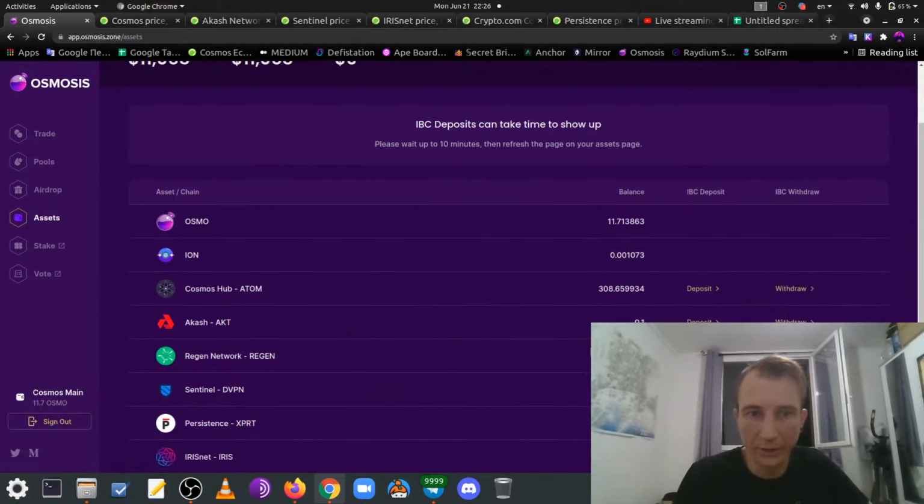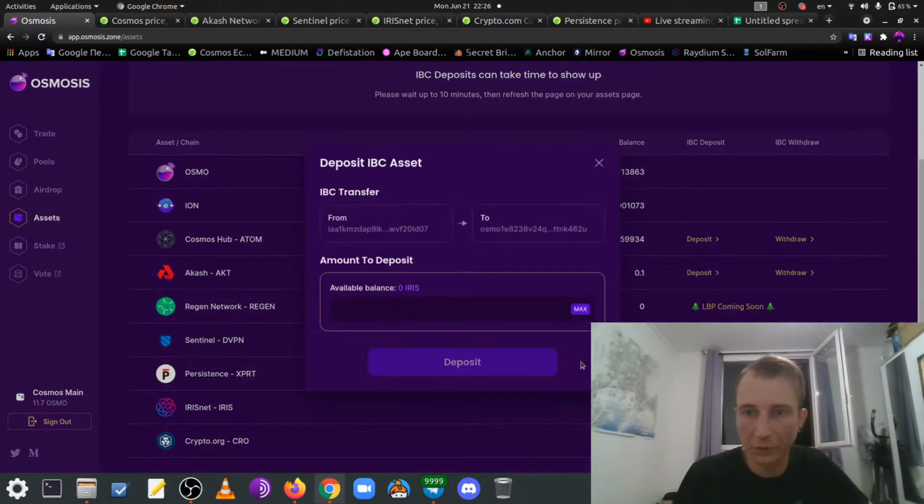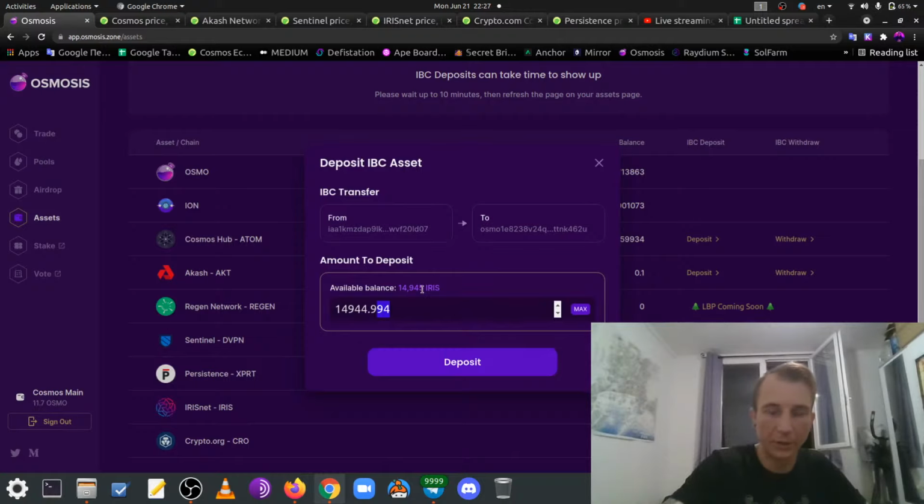Go assets, deposit iris, maximum, like 9, 3, 44 and 9.